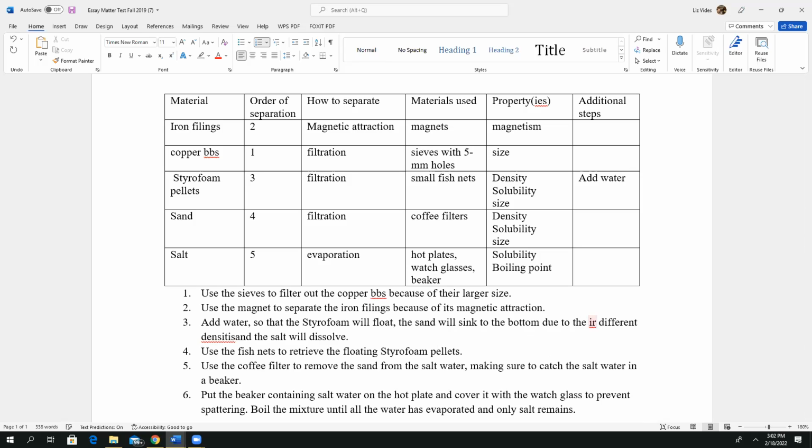And the salt will dissolve due to its solubility. And here, densities and solubility here too, right? It gets more complicated if you do it like that, but you can still do it, right? All right, and so on and so forth.